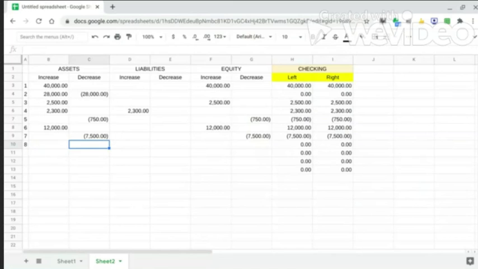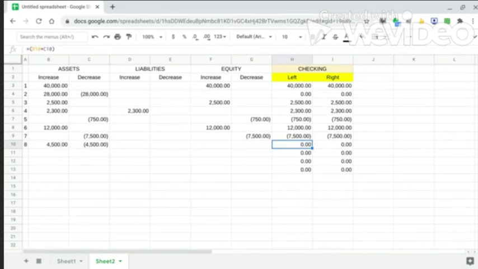So, magiging decrease siya in asset ng 4,500. Ngayon, na-receive niya yung 4,500 na yun from the customer, si Mars Company, in cash. So, mag-i-increase naman si cash dito, which is another asset, ng 4,500 pesos. So, checking left and right side, no effect at all. Okay? So, number 9.